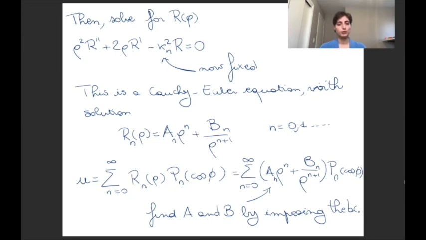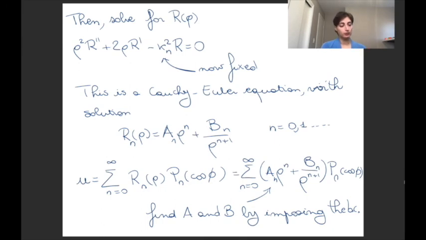And from the Cauchy-Euler equation, we know that the solution has the form of Rn of rho, where n depends on the k squared n that we have introduced, is the sum of an rho to the n plus bn rho to the minus n minus 1, for n going from 0 onwards. Now we can check the values that we want.